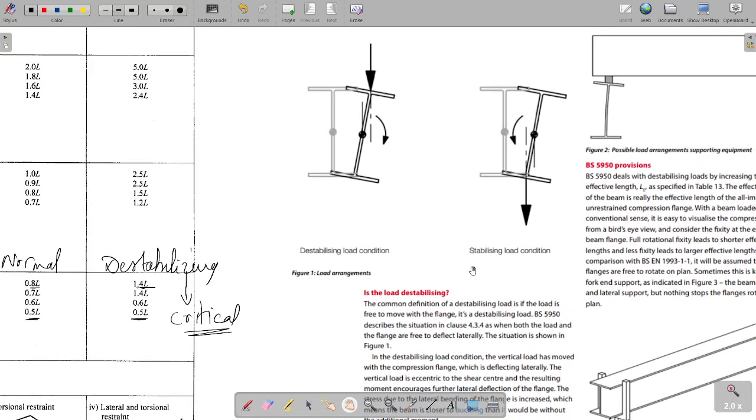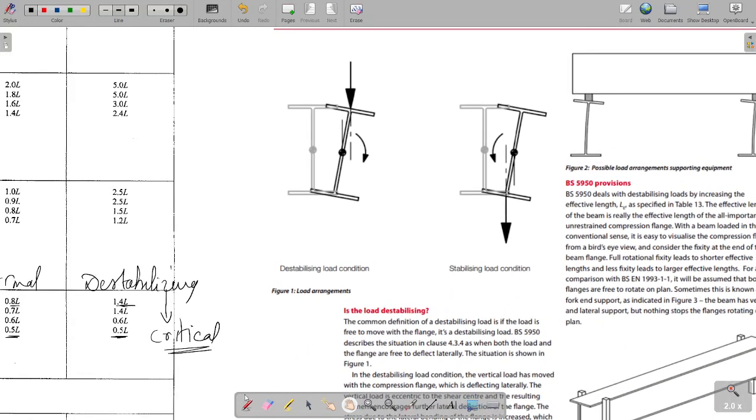So let's understand what the destabilizing loading condition is. Suppose this is an I section, the beam we are using. There is the shear center. If the load is not passing through the shear center, there is some eccentricity, say ex. This will form a clockwise couple, and this is the destabilizing loading condition.